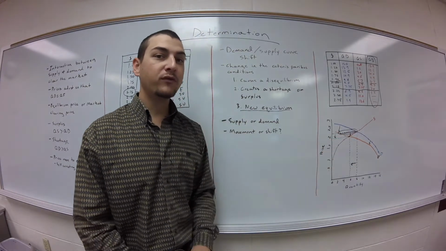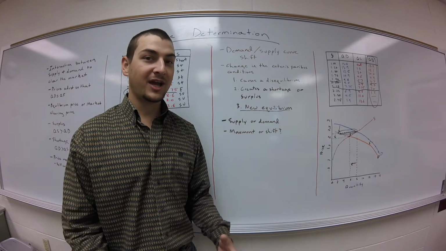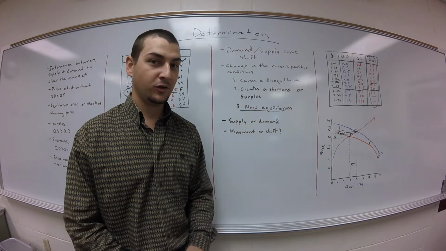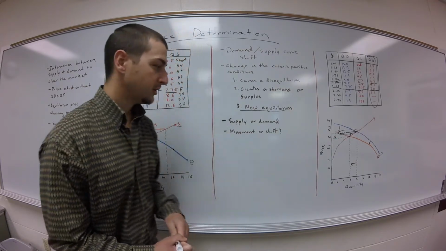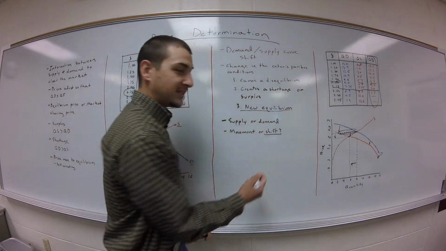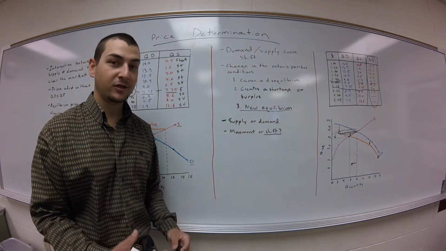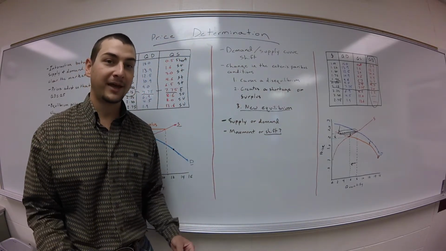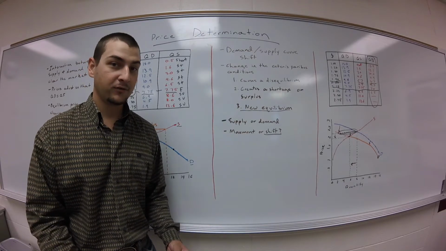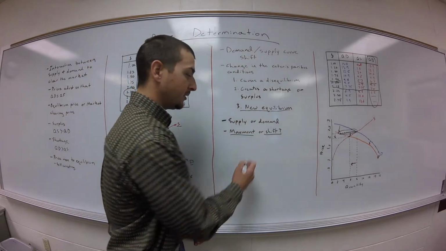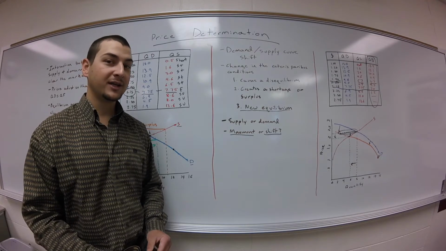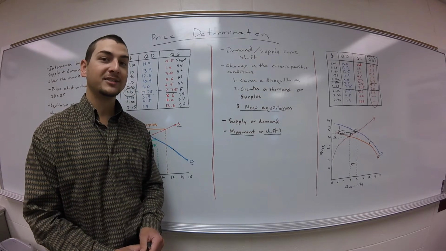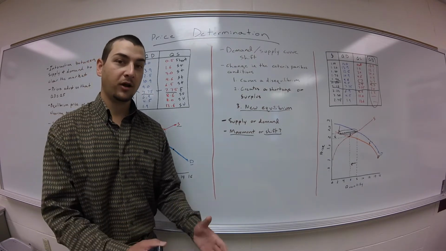But if we move along a demand curve, we have a change in quantity demanded or change in quantity supplied. So a shift is a change in the demand curve. We actually have to redraw a demand or a supply curve. A movement is a change in quantity demanded or quantity supplied, and it's a movement along the curve.